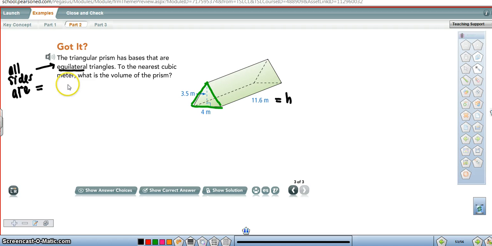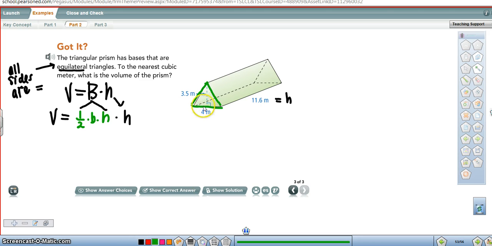Okay, so the volume of any prism is found by doing the area of the base times the height. So in order to do the area of the base, we need to find actually the area of that triangle. So the triangle formula for area is 1/2 times base times height. We also have to multiply by the height of the entire prism.